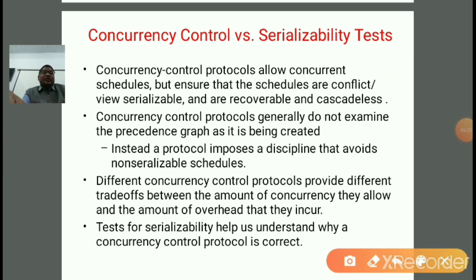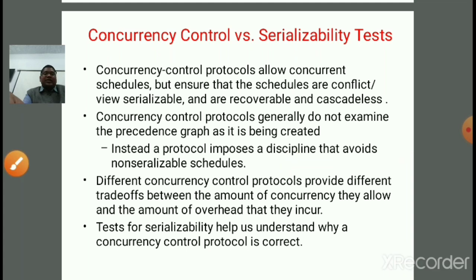Concurrency control protocols generally do not examine the precedence graph as it is being created, right? Instead, the protocol imposes a discipline that avoids non-serializable schedules. Very important: rather than checking the precedence graph, a protocol imposes a discipline that avoids non-serializable schedules.